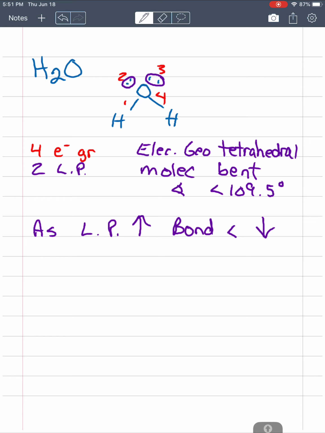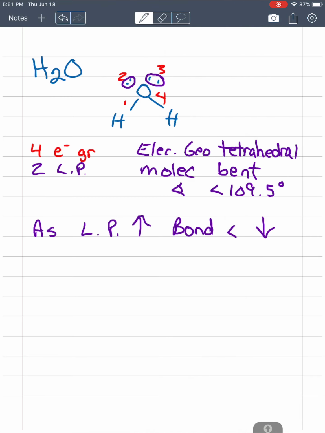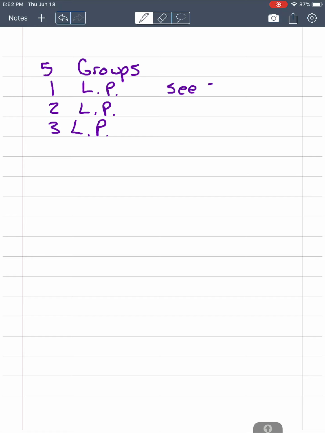All right, so now let's look at something that has 5 groups. So if you have one lone pair, you get something that's seesaw.